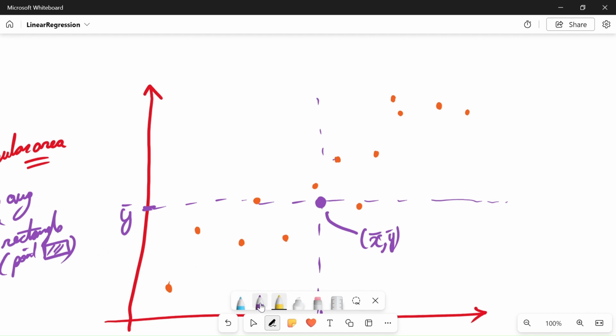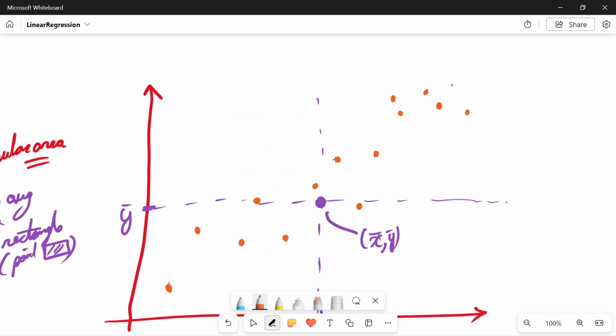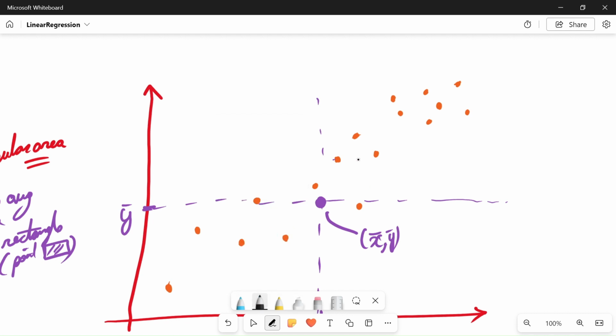Obviously it will be lying somewhere over here, maybe, because even if it is not, let me make it a high density zone. Maybe I'll make some more points over here. So most probably the average point will be lying somewhere over here, maybe, right?